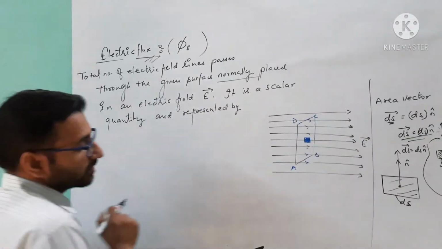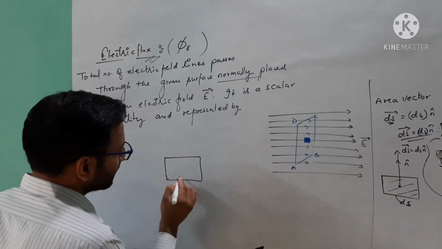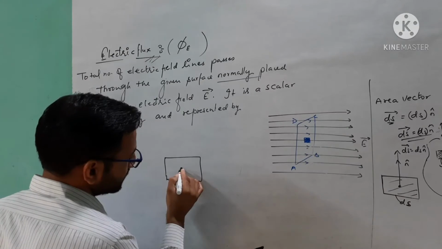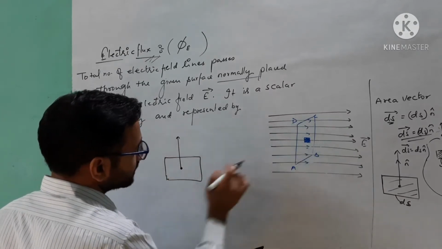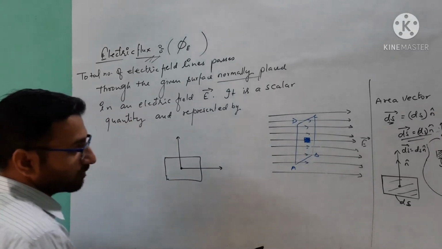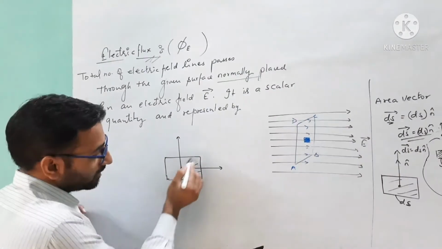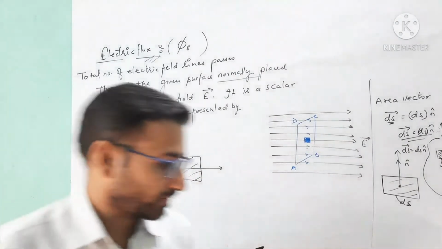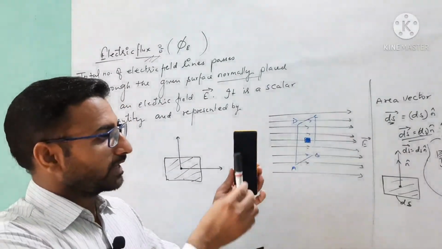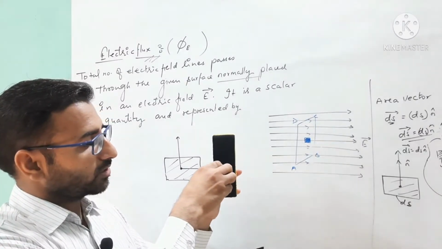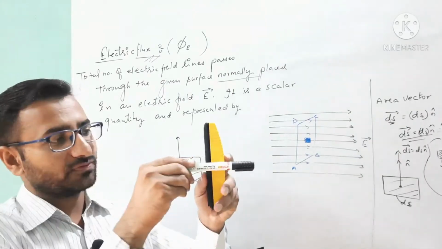Once again I am repeating, listen students, if the surface is normal, suppose this is our surface, and this is our electric field direction which is normal to the given surface. If the surface is normal to the electric field, what will we observe at that time? We will observe the area vector.